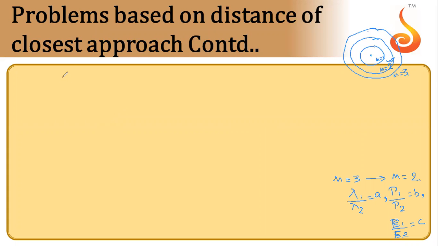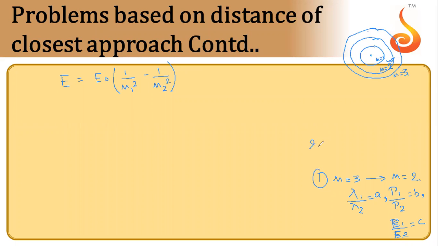Now we know that the energy of an electron when it makes a transition is given by this formula: E is equal to E naught times (1 by n1 square minus 1 by n2 square). This was the first case.